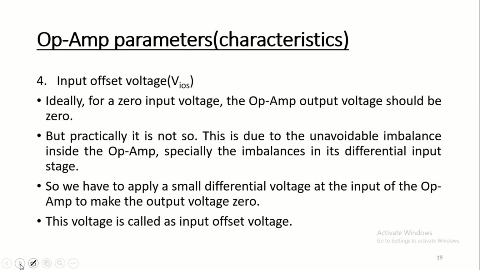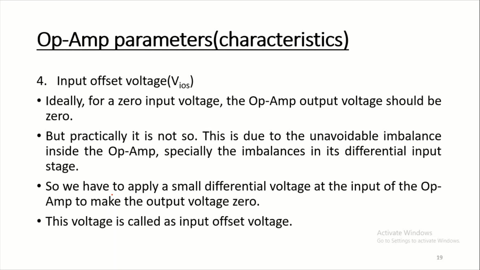The fourth one and most important is input offset voltage. It is denoted by VIOS, means input offset voltage. Ideally, for zero input voltage, the op-amp output voltage should be 0. But practically, it is not so. This is due to the unavoidable imbalance inside the op-amp, especially imbalance in the differential input stage.